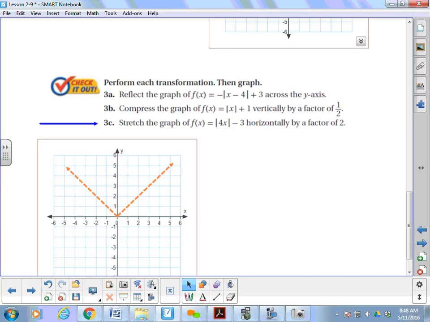So we're going to take the graph of absolute value of 4x minus 3, and we're going to stretch it horizontally by a factor of 2. All right, so here's where we're going to use our calculator to help us out. Once you write it down, graph it on your calculator first.